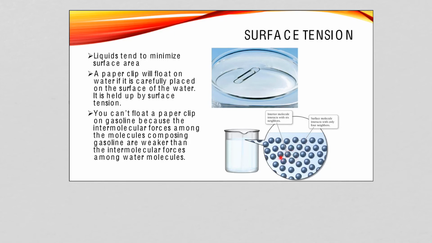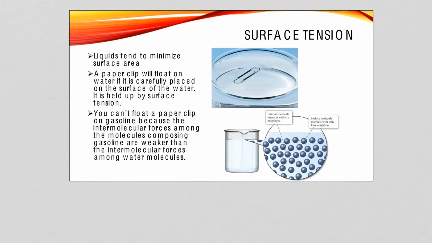If we look at an interior molecule, where it's attracted on all sides equally, they're pulled equally. And here, at the surface, these are being pulled downward and across more, and it creates tighter, closer spacing of the molecules at the surface. It creates this skin, if you will, this barrier at the surface, which prevents things from sinking unless they apply a minimal amount of force.